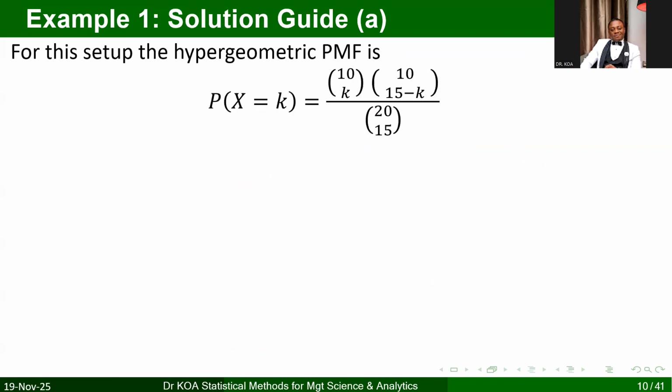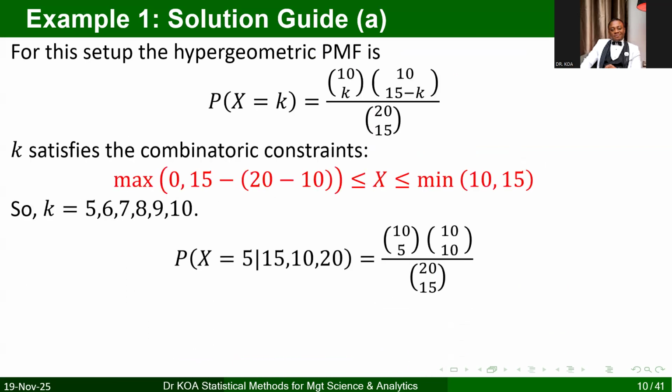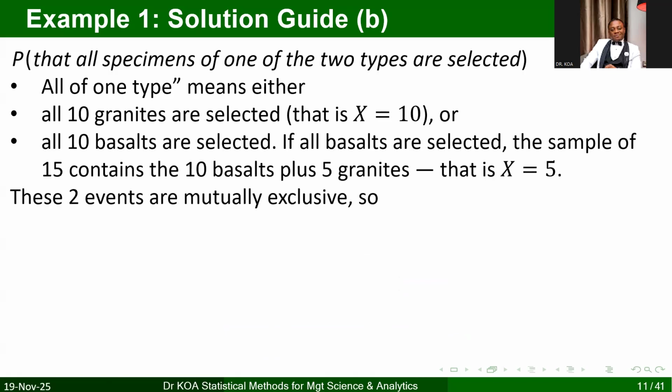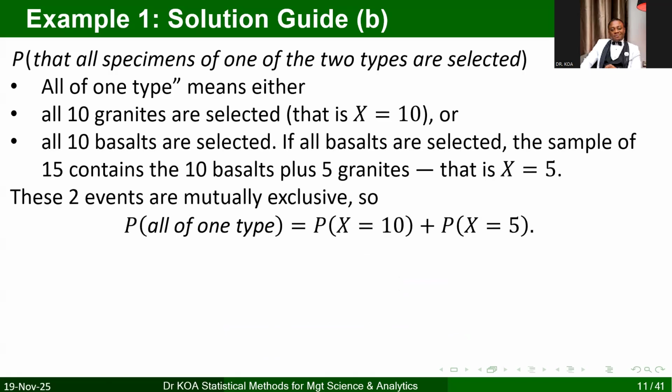Yes, Doc. That is 0.016. Okay. So for the granite, this is the explanation. You do the probability of X equals 10, you get 0.0163. And then the other one too, you get the same thing, interestingly.